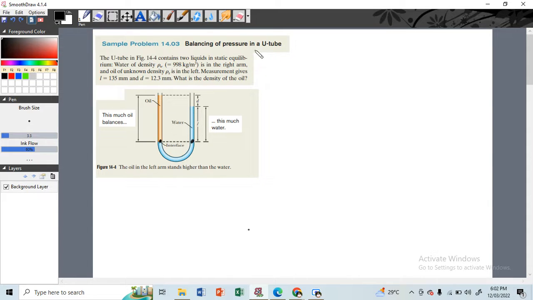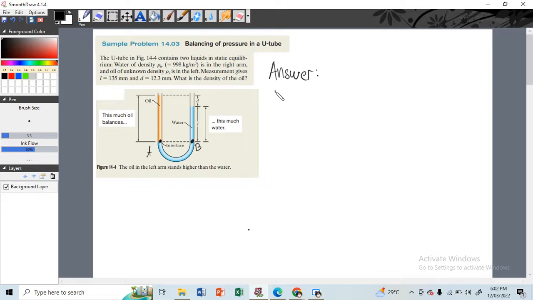So we could call this point A, and this is point B. So point A and point B have the same hydrostatic pressure. So let's answer it.